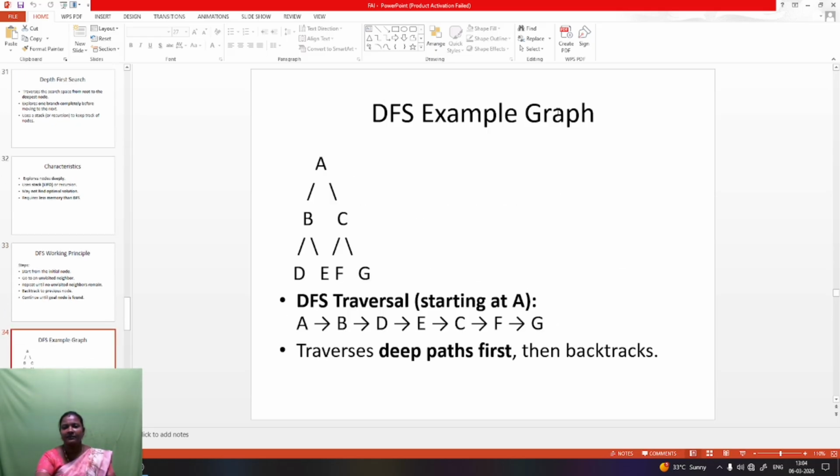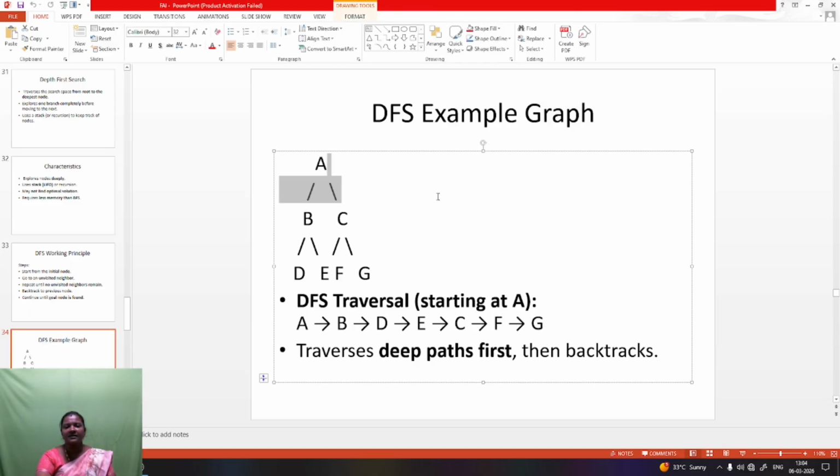This is an example graph for implementing the DFS algorithm. Here A is the parent node. The tree has levels: level 0, level 1, level 2. DFS traversal starts at node A. First we visit node A. Then we visit the child of node A, which is node B. Then we check if there are any unvisited children.